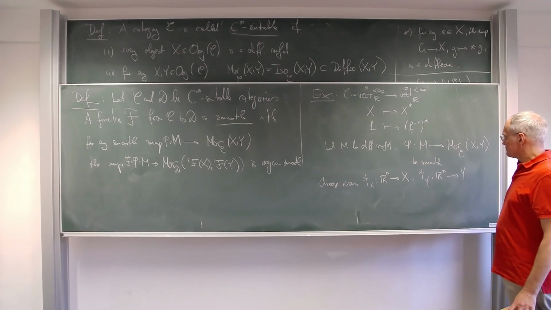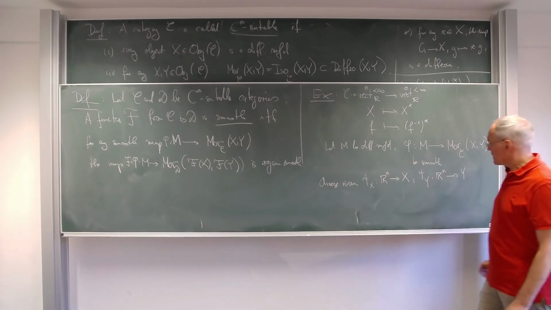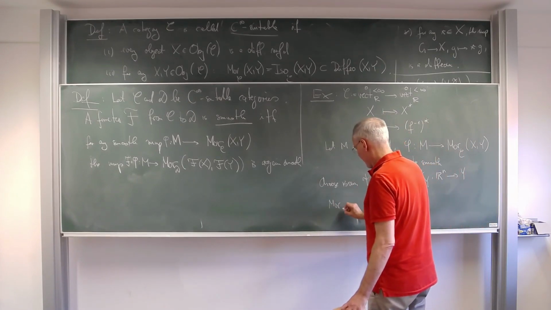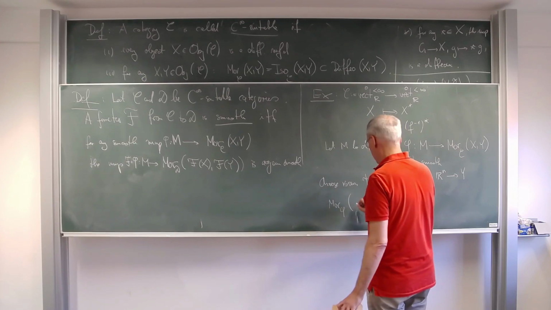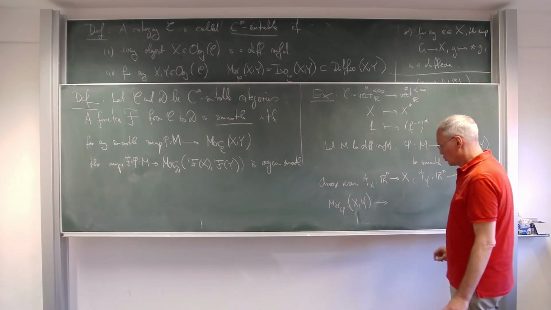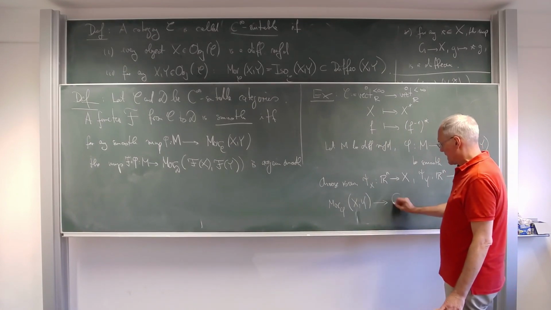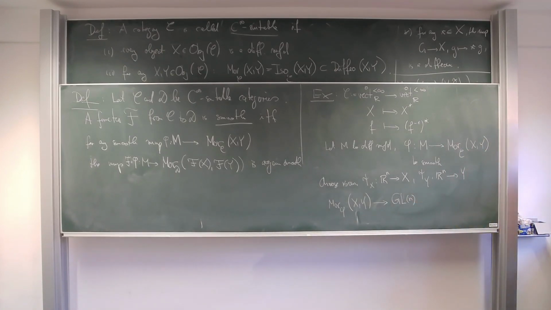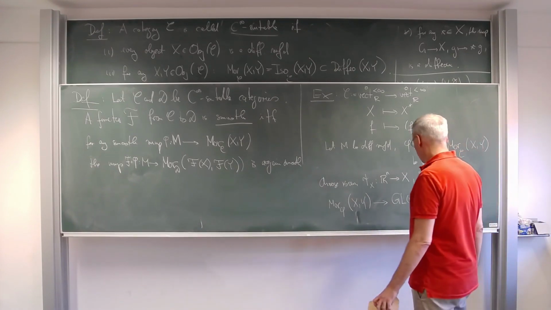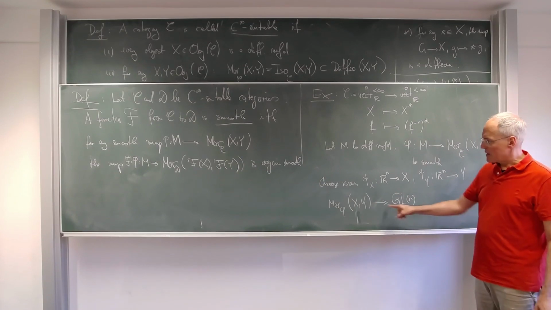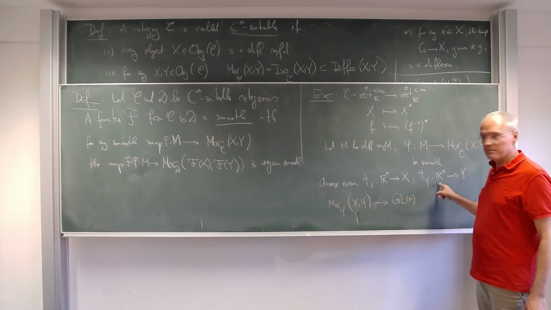And now this thing can be mapped to GLn, the general linear group, so invertible n by n matrices, by saying, well, I take the matrix that represents the linear map in these bases.